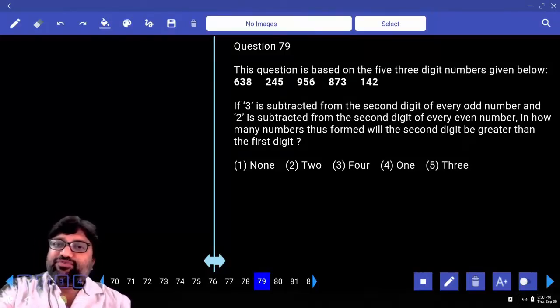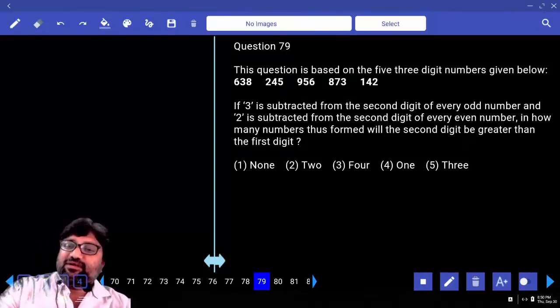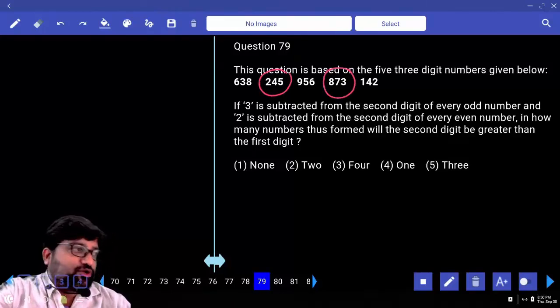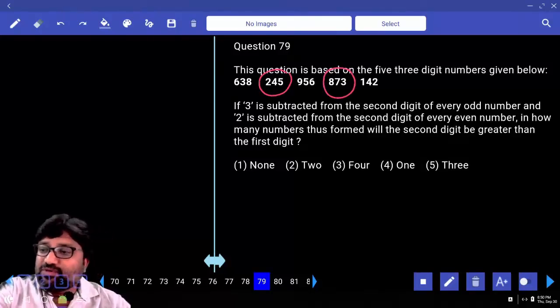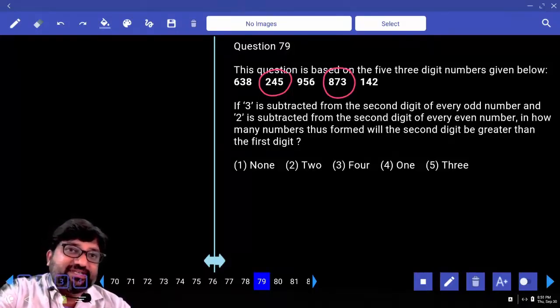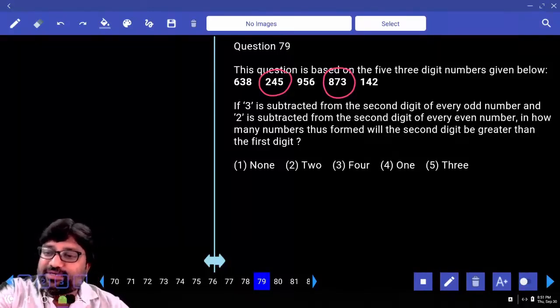How many odd numbers do we have? 2 odd numbers. This question is based on 5 3-digit numbers. There are 5 numbers here and each number has 3 digits. So how many odd numbers? 2 odd numbers.